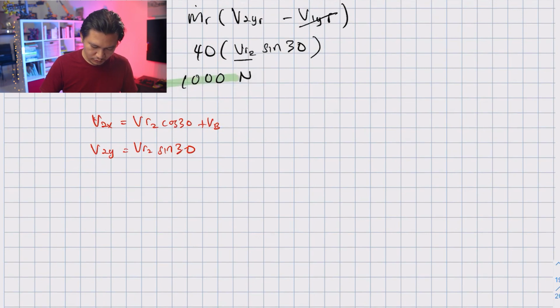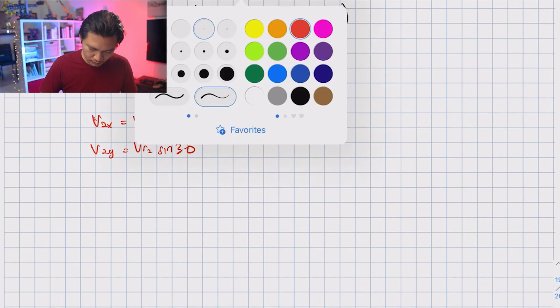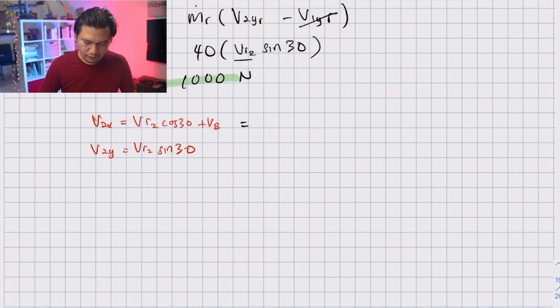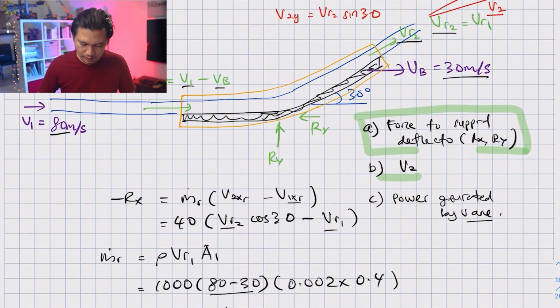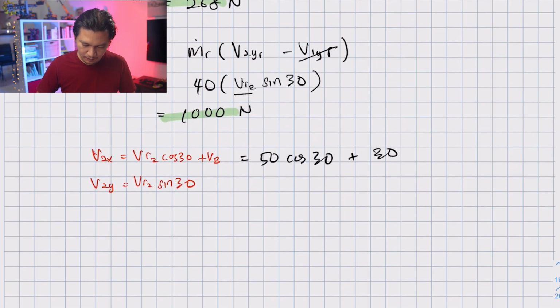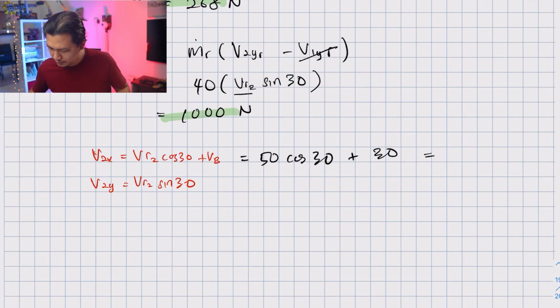And now we can try to solve this. VR2 is also VR1, and VR1 is 50 cos 30 plus VB. VB is moving to the right at 30 meter per second, plus 30. And this is equal to 50 cos 30 plus 30.